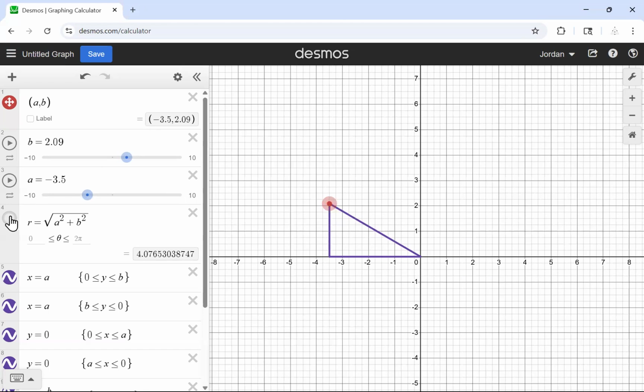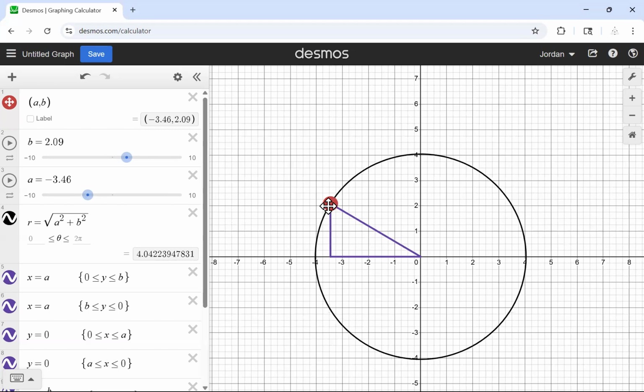And by the way, when we say going negative 7 pi over 6 and 4 units out, this is kind of like having a circle of radius 4 and moving along that circle of radius 4 until I hit the angle of negative 7 pi over 6. That's more than pi, excuse me, I should say more than pi in absolute value. A negative angle moves clockwise.